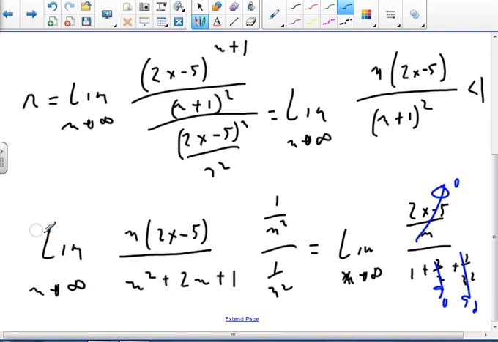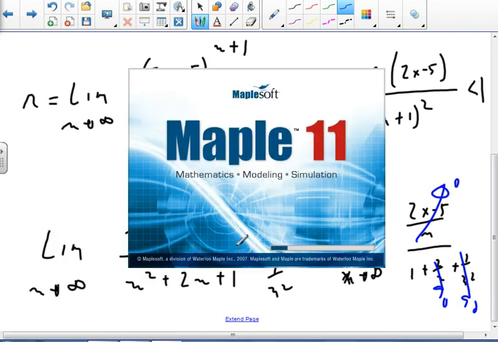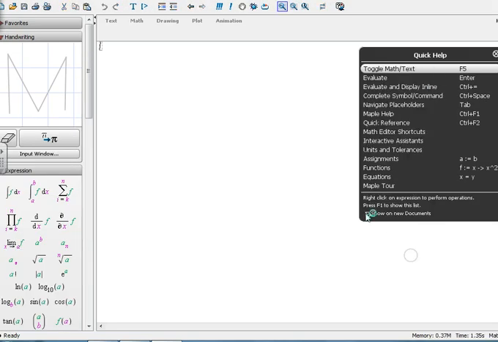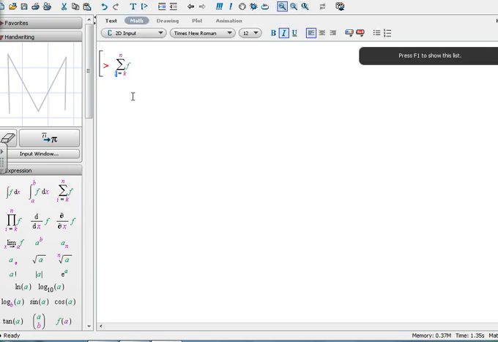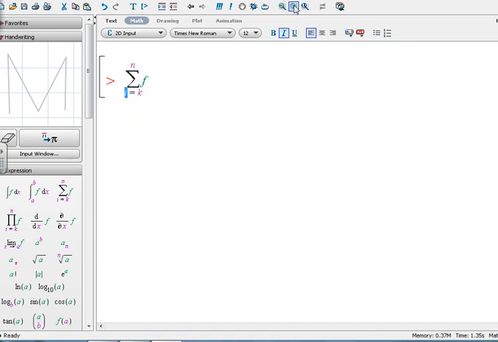All right, go back into Maple. We won't ask Maple to do the impossible this time. Maybe. Okay, so we're going to go n from 1 to, we'll just go to 10.